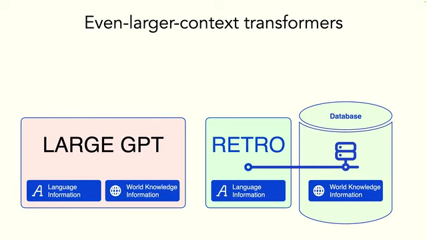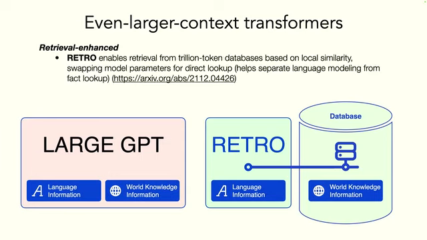Whereas if you keep the knowledge base, this kind of lookup of facts, separate, then you can try to enforce that those facts are actually going to be true, that you won't have things like hallucinations. Of course, there's still some complexity there. And so this is like retrieval-enhanced transformers, essentially. So things like this paper called Retro. And this gives you this trillion-token database that just gets stored in memory and gets accessed by your language model.